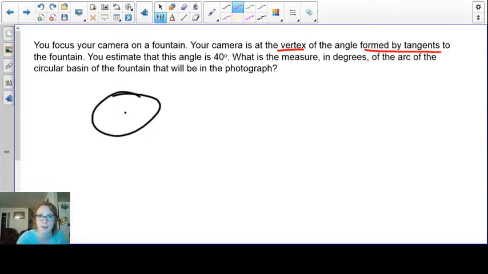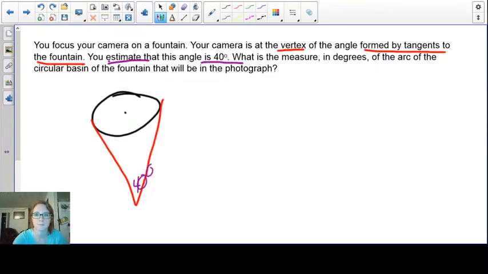Formed by tangents to the fountain. So I have 2 tangents coming from this one fountain that are going to hit the same spot. So about like that. We estimate that angle is 40 degrees. So he's 40 in there.